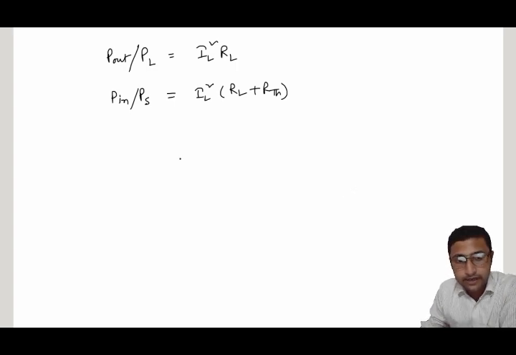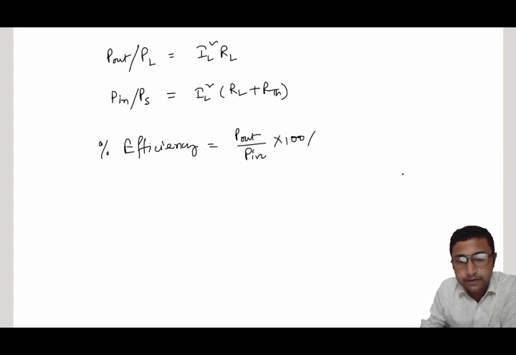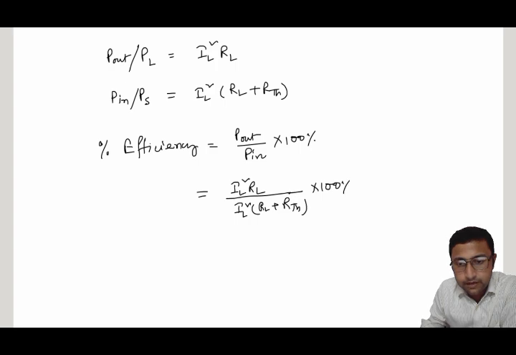The efficiency will be the ratio of output power and input power, so percentage efficiency will be P out by P in into 100%. Putting in the values, it is IL square RL divided by IL square into RL plus RTH, into 100%. Efficiency is represented by the symbol eta.